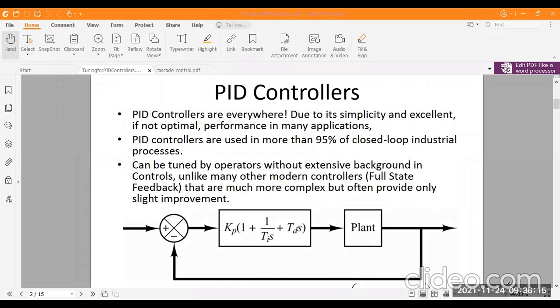So the tuning of this PID controller is to adjust the various reactions of the controller to set point changes, which are done by the users or by the automatic control system, and to unmeasured disturbances.